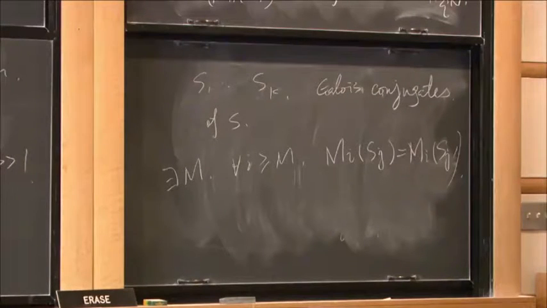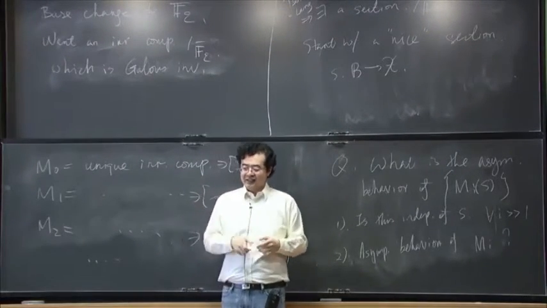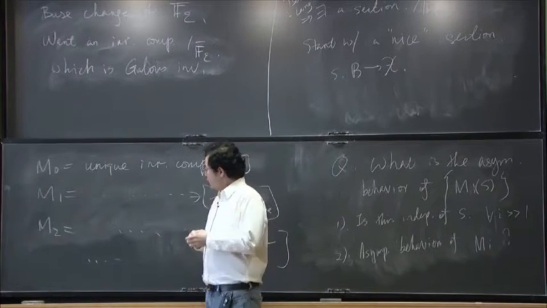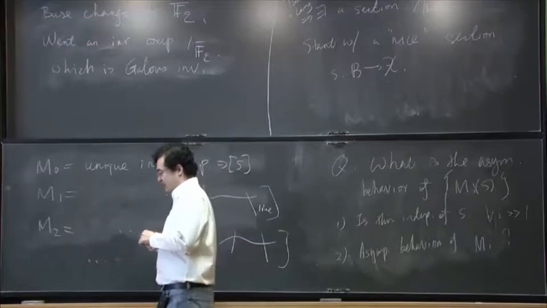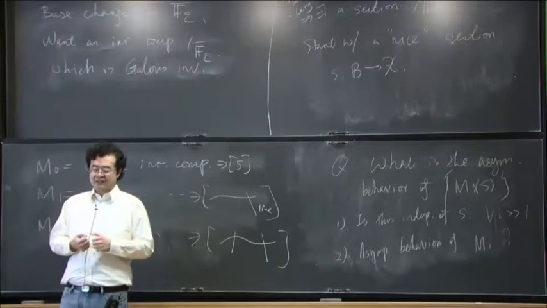Now the question becomes, how do you prove that essentially they're the same component? Basically what you need to show is that you can find a deformation from one section to the other section. If you can find a deformation parameterized by an irreducible curve, then they're the same. Unfortunately, this is the part why it doesn't work for cubic threefolds.